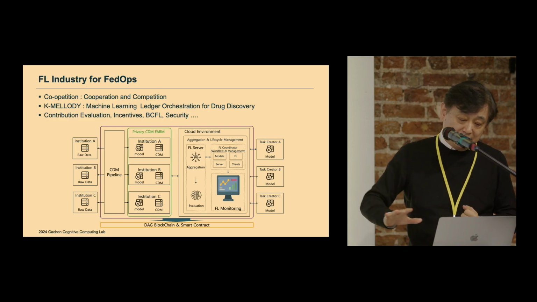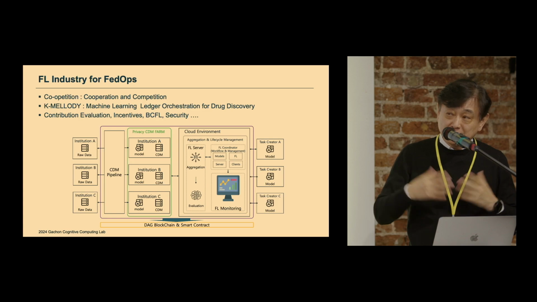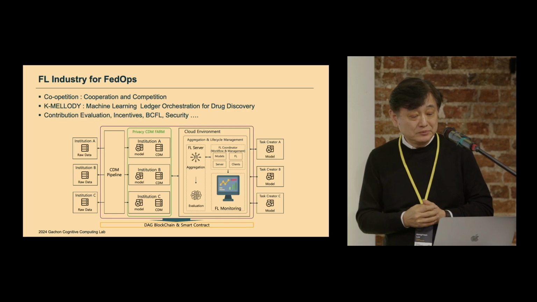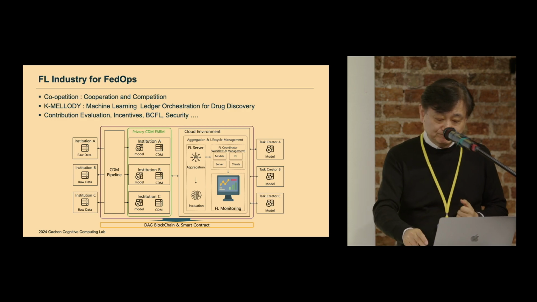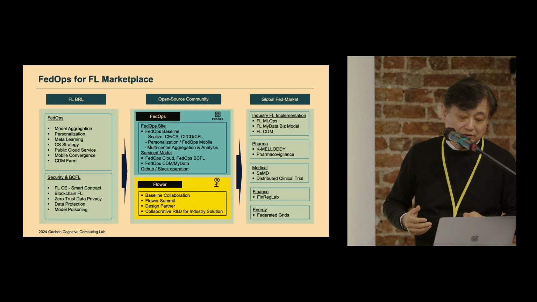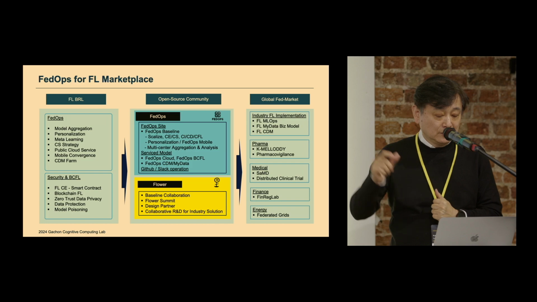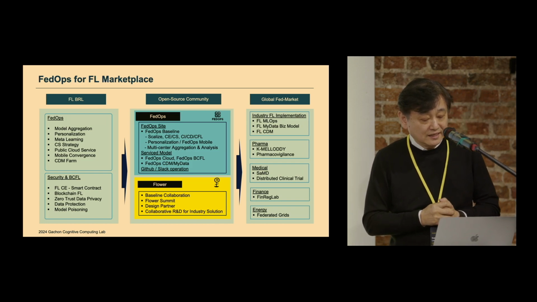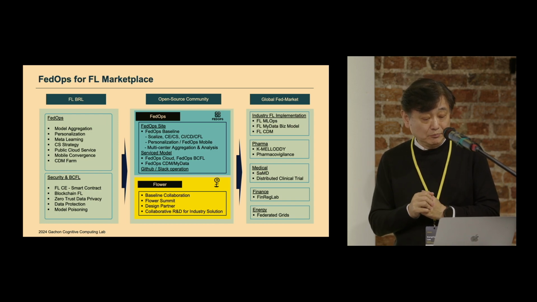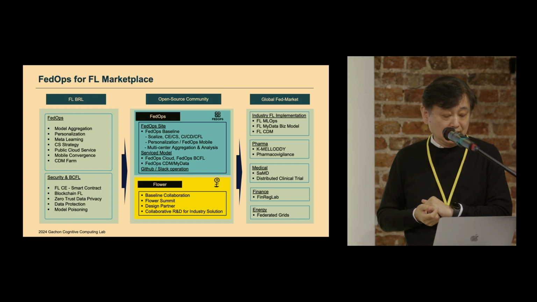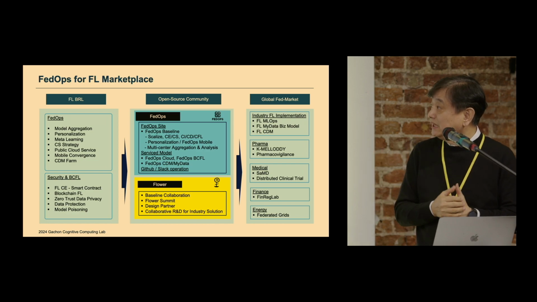It is a kind of general framework to provide a co-opetition framework. Now we are approaching the market. FedOps is still considering how we handle aggregation, personalization and client selection strategies. These are focused items we need to research continuously, and also combining blockchain, BCFL, and securities. Those are the basic research areas.